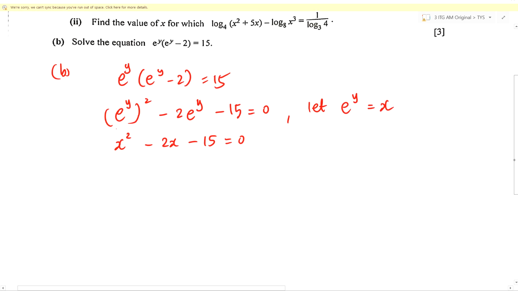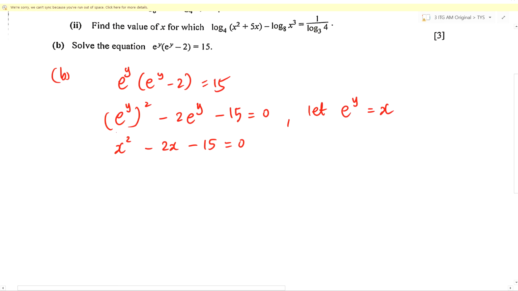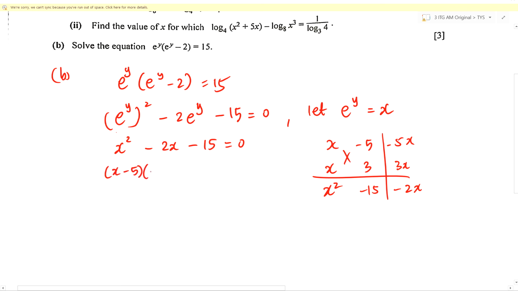Do your factorization if possible, otherwise use your quadratic formula. 5 and 3. So we have x minus 5 and x plus 3 equals 0. Therefore, x must be equal to negative 3 or x equals 5.